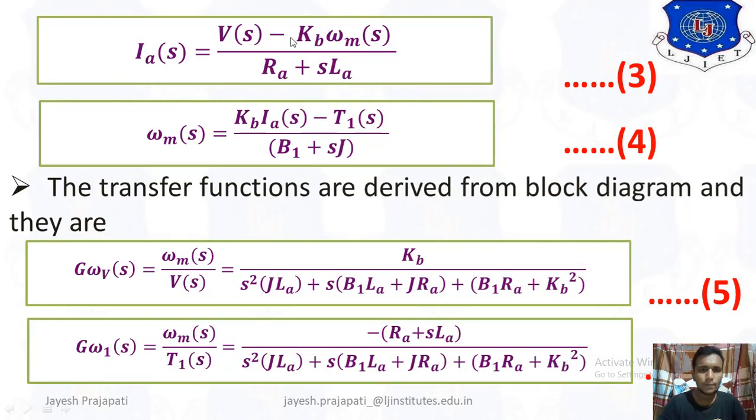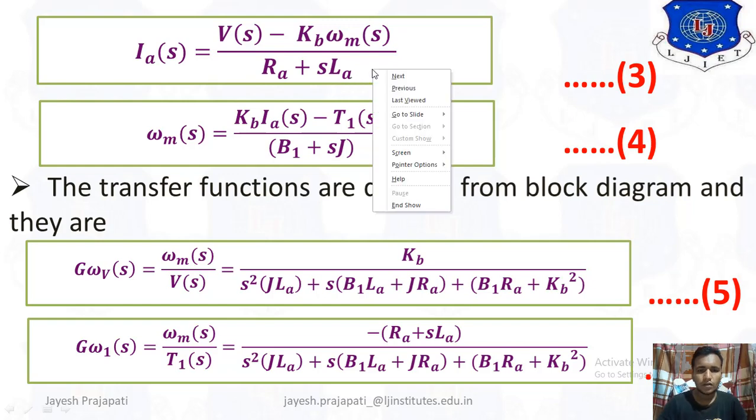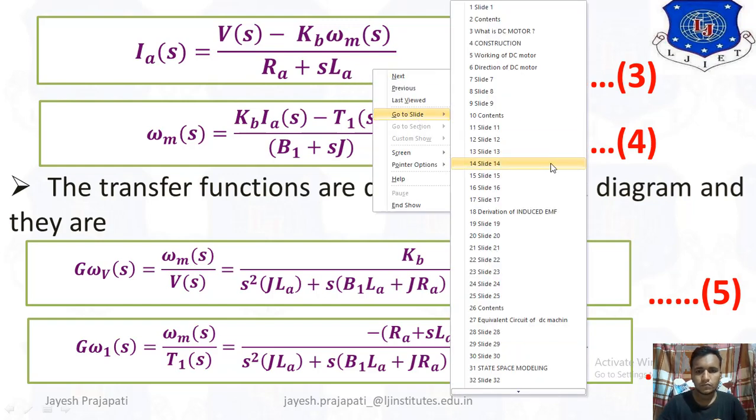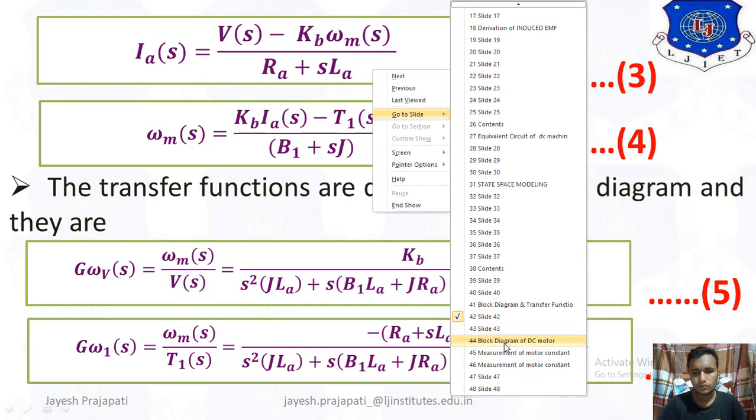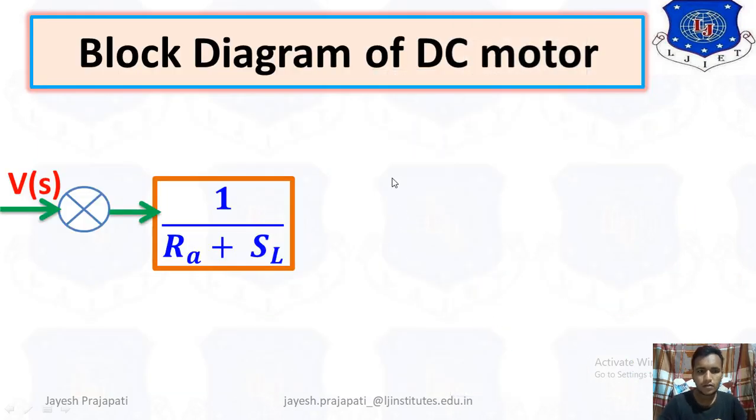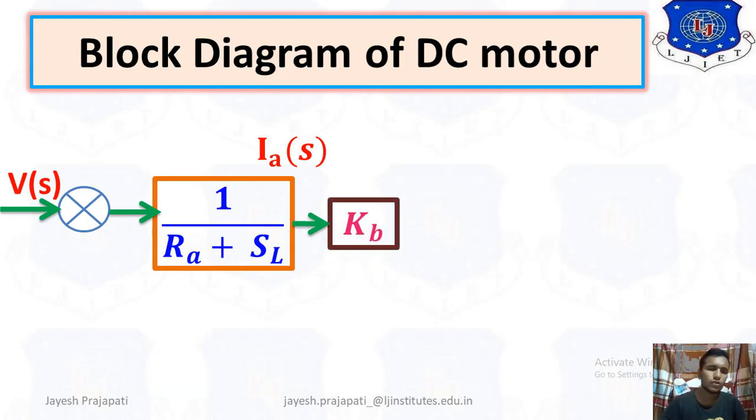Then we get IA of S, which is multiplied by KB. So we have to write this in block diagram form.